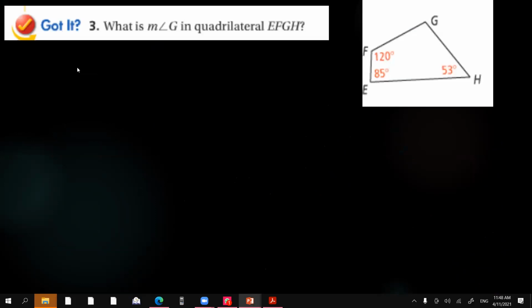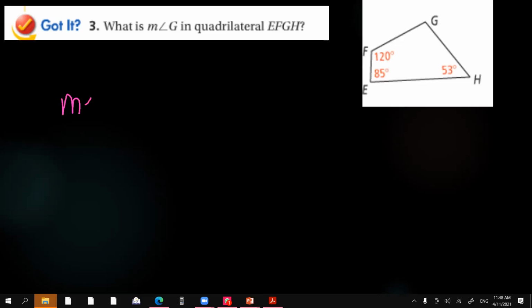Now this one here. Here we have the same. We have 1, 2, 3, 4 sides. So we have a quadrilateral shape, but with different angles. So in order to find the measure of angle G, what will I do?